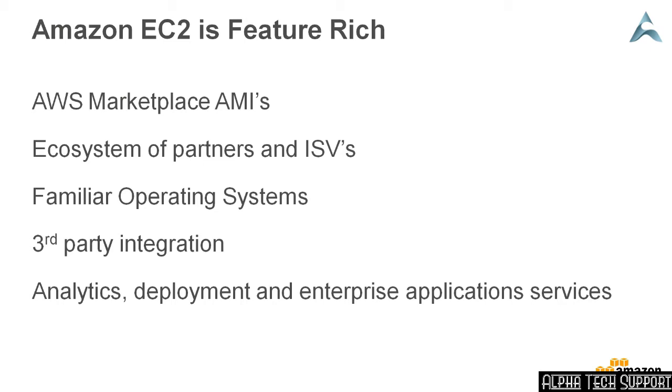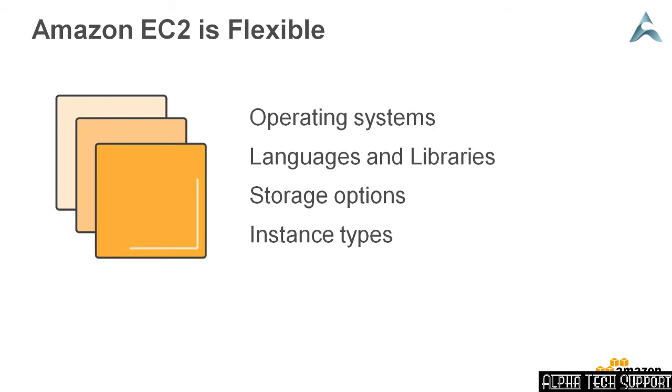EC2 is feature rich. AWS Marketplace, AMI, Amazon Linux, ecosystem of partners and ISV. It has familiar operating systems. It has third-party integration, and you can perform analytics, deployment, and other enterprise application services on Elastic Cloud.